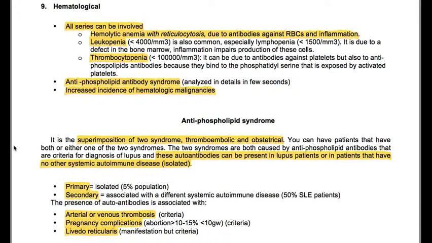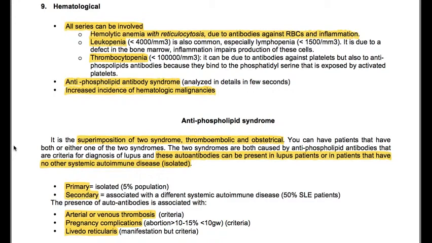There is hemolytic anemia with reticulocytosis due to antibodies against red blood cells and inflammation. Leukopenia, less than 4,000 per cubic millimeter, is also common, especially lymphopenia, that is less than 1,500 per cubic millimeter.